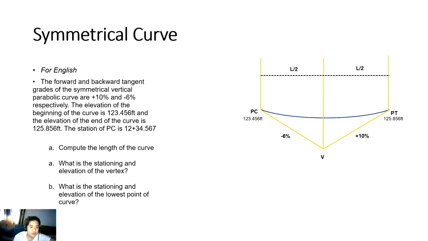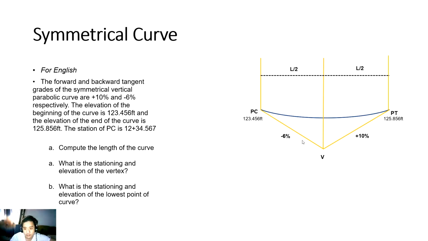So, dito, tulad nung una nating problem, ang kanyang forward tangent ay plus 10%, so ascending siya, pataas. So, ang gamit natin dito ay pataas. So, ito siya. Ito yung forward tangent natin. So, plus 10%. And next, negative 6% naman para sa backward tangent. Ibig sabihin, descending siya. So, pababa.